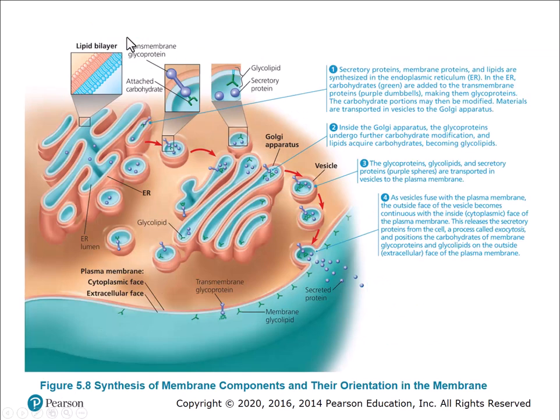The synthesis of our membrane components is done through the endomembrane system. Remember back in chapter 4 we talked about the endomembrane system. So things that are processed or manufactured in our ER, proteins or carbohydrates, so things processed in either area of our endoplasmic reticulum, are transported to our Golgi, and in the Golgi they are modified.